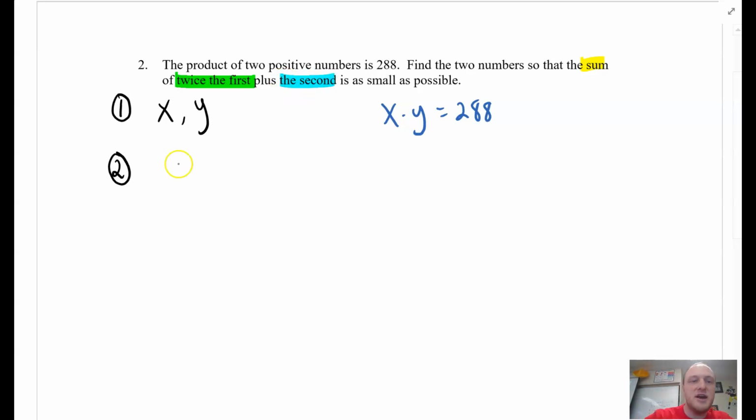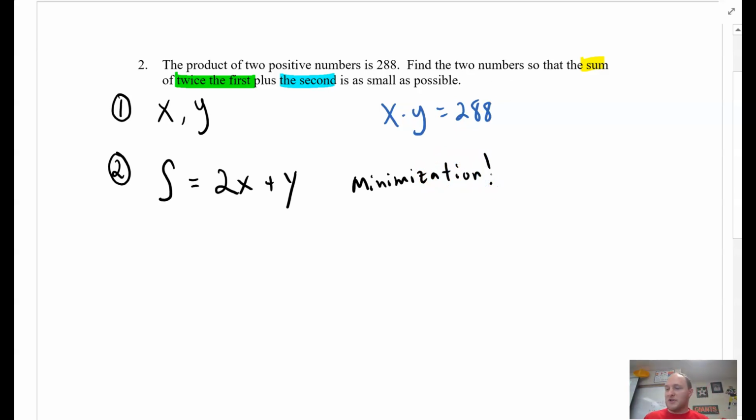So I'm going to take the sum of 2 times the first number plus the second number, and I want this to be as small as possible. I want to minimize. So we're looking for minimization.